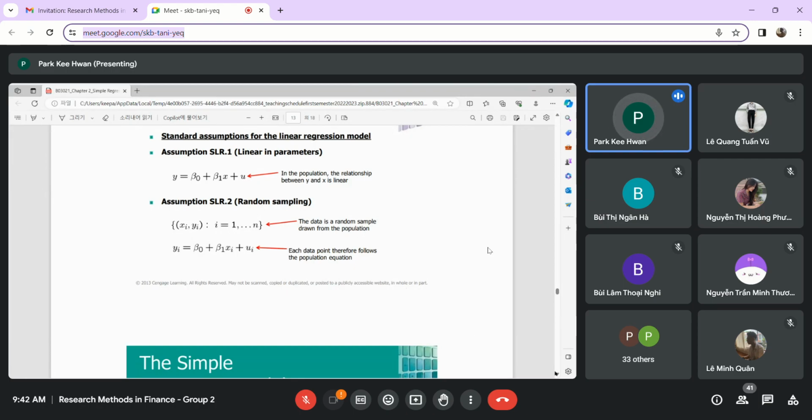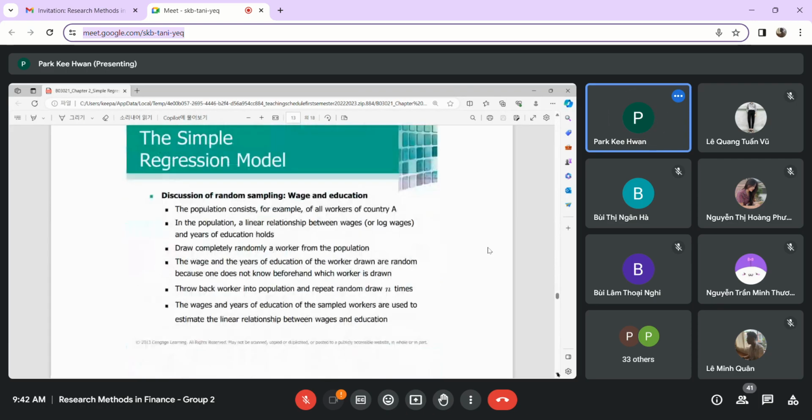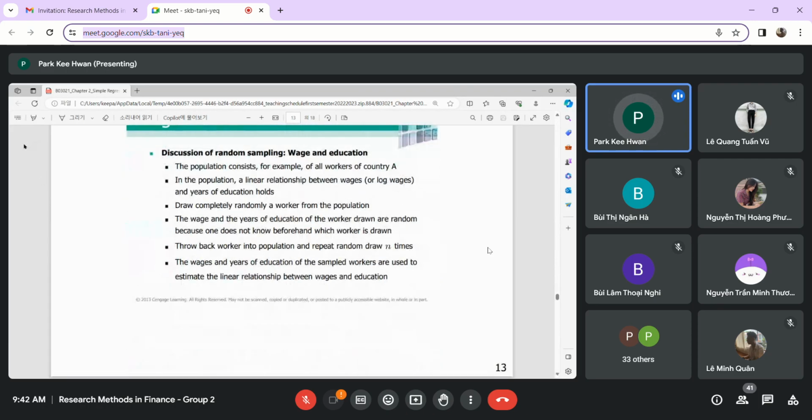Now we will discuss what random sampling means. Suppose that the population consists of all workers of country A. For example, all workers in a country like Vietnam.